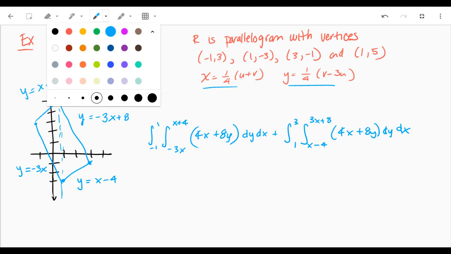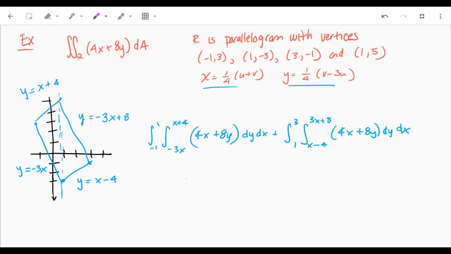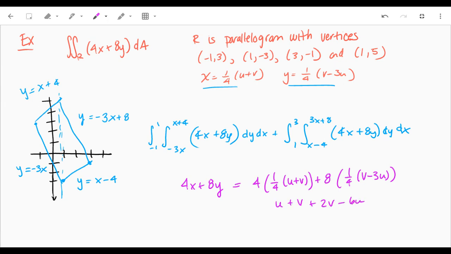So 4x plus 8y will equal 4 times 1/4 u plus v plus 8 times 1/4 v minus 3u. That's going to give us u plus v plus 2v minus 6u, so that'll be 3v minus 5u. That will be the new thing that we're going to integrate.